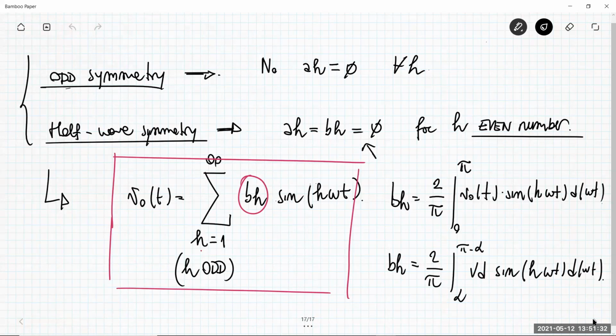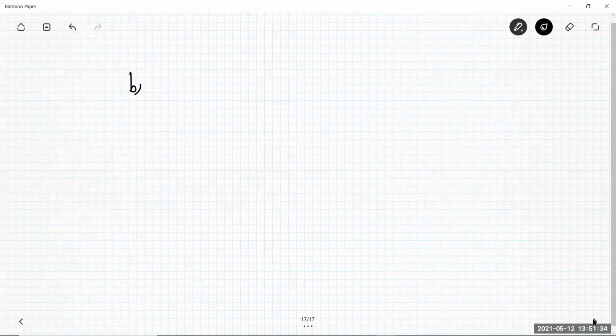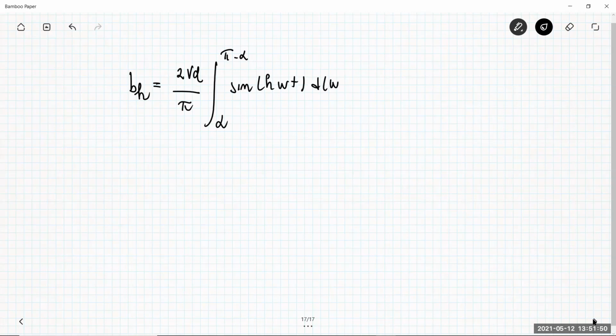Simplifying, BH is 2 Vd over p, integral from alpha to p minus alpha of a sine wave. This is a simple integral of a sine wave, so I leave it for your computation if you want.